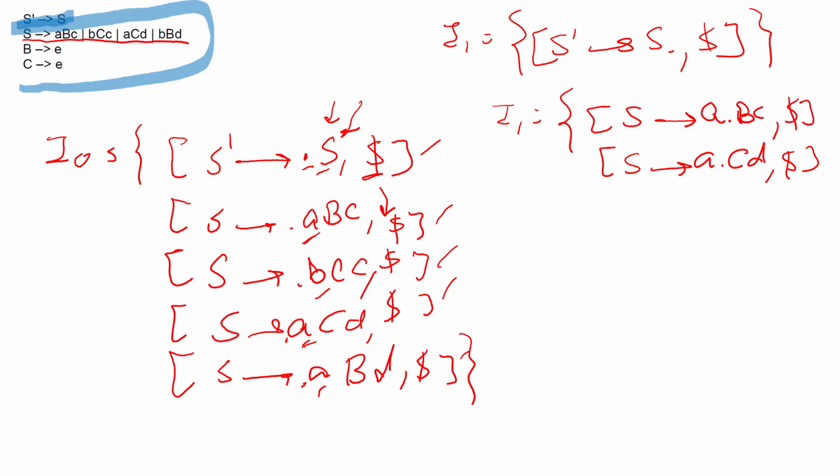Because B and C are non-terminals, we have to add all the productions that have B and C on the left side. So we have 2, and we add both of them. The first one is B goes to dot E, and the second one is C, sorry, goes to dot E. What do we write after the comma?